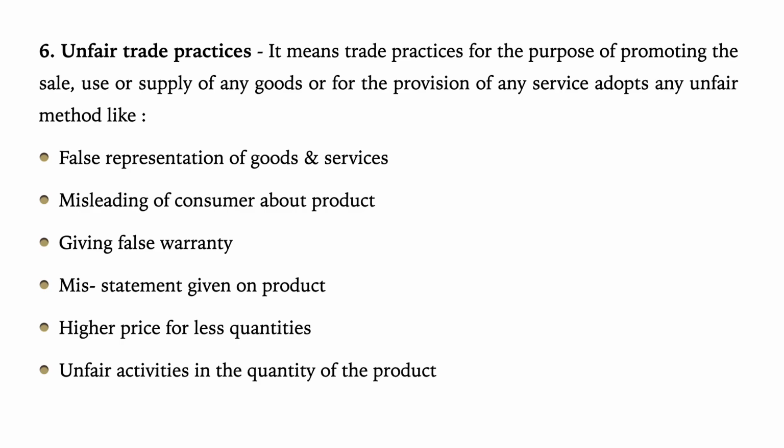Then unfair activities in the quantity of the product. We have always seen that if you're buying a 25 kg packet or bag of rice, they put in a small amount of stones and less rice, so that the total weight comes up to 25 kg.